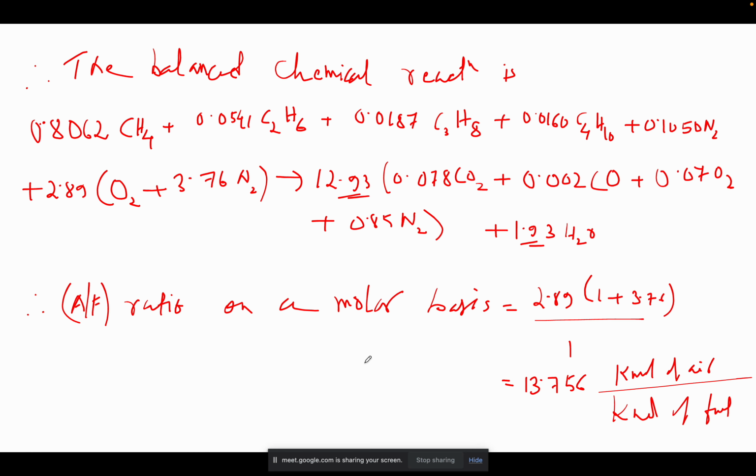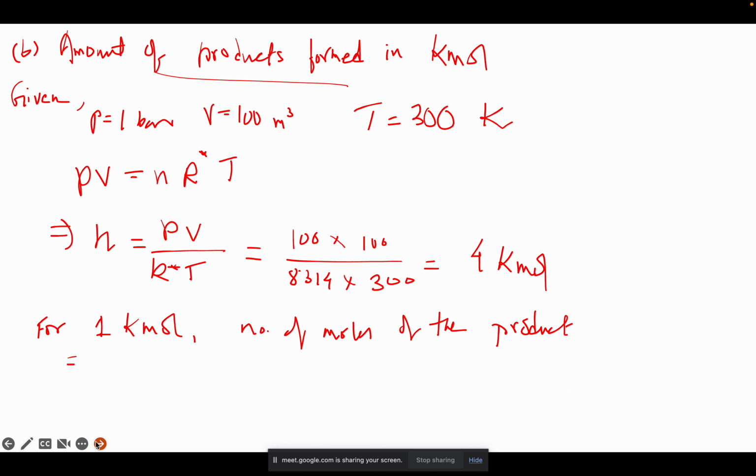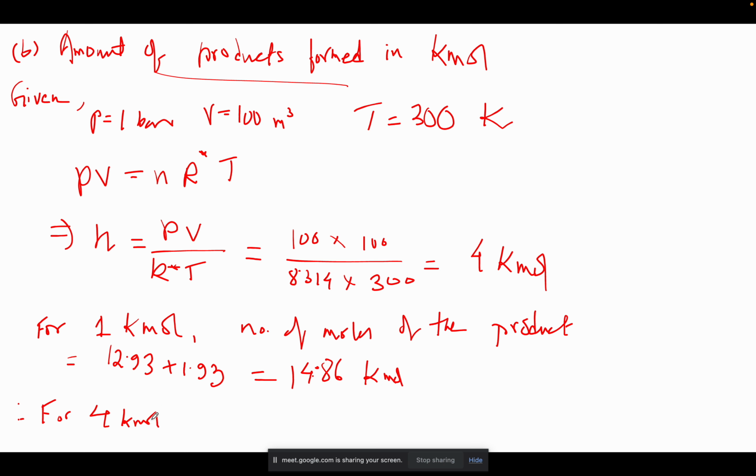12.93 plus 1.93. With products and byproducts, isn't it? 12.93 plus 1.93. Okay, 14.86 kilomole. Okay, therefore for 4 kilomoles, 1 kilomole of fuel.